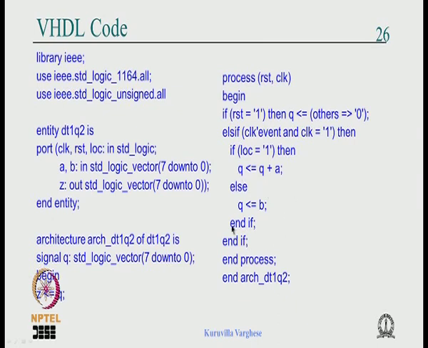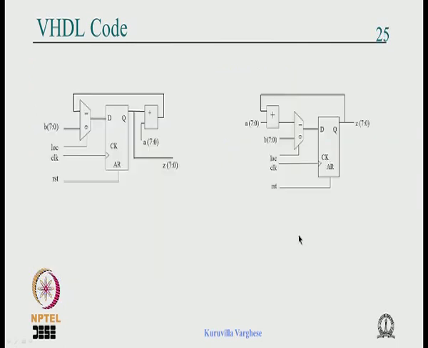Then end if for this, end process for this, and end architecture. As I said, you indent it properly so that people can make out. After experience, you look at the code and you can draw the block diagram very easily.